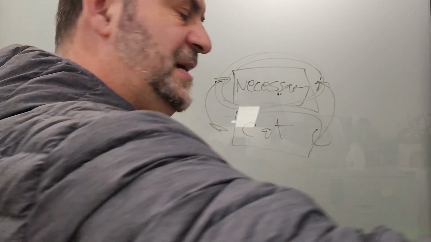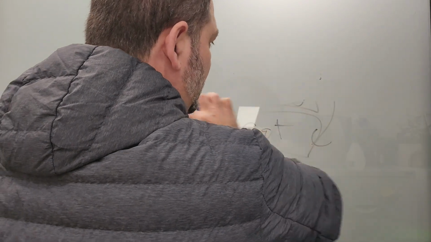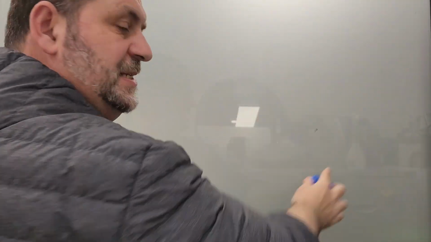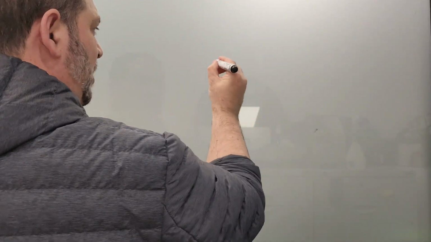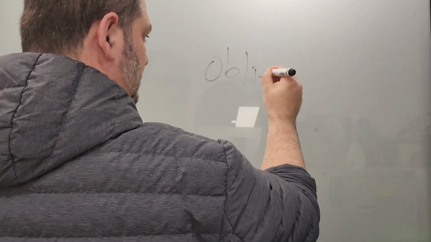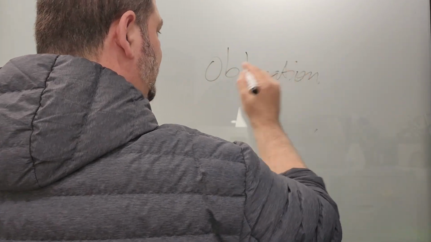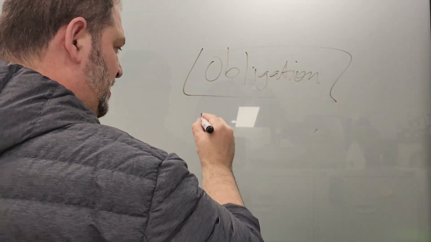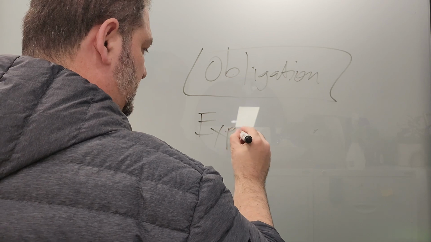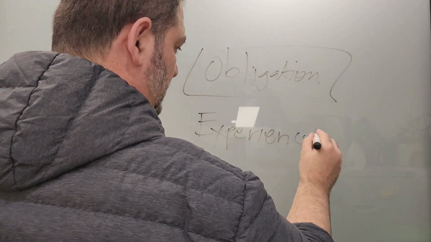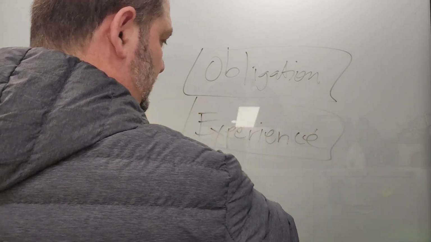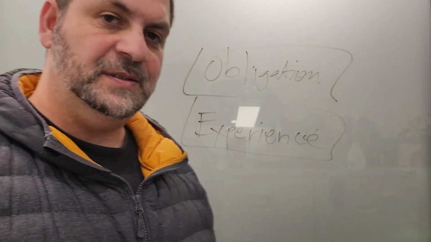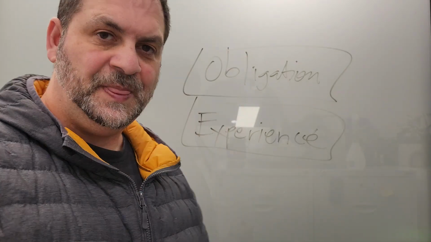Let's look at another example. What's another abstract word? Let's say the word obligation. And another abstract word: experience. So let's do two abstract words, obligation and experience.